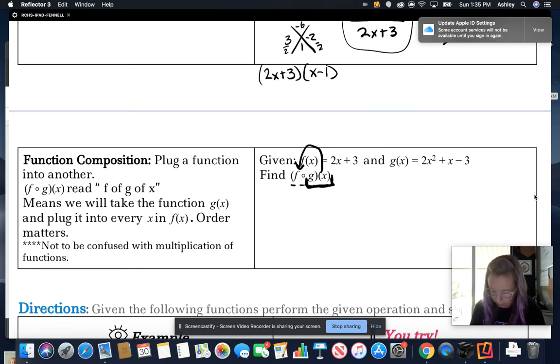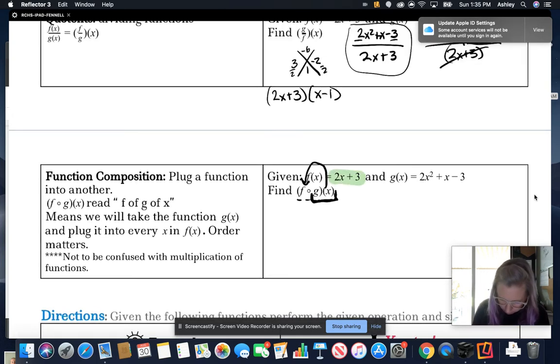So let me show you what that looks like. Let's use a little color to make this a little bit simpler as well. All right, so if we say f of x is this green piece here, and g of x is this pink bit, and I want to take all of g of x, all of that pink stuff, and plug it in every time I see an x in f of x. Well, fortunately, there's only one, so this one will be fairly straightforward.